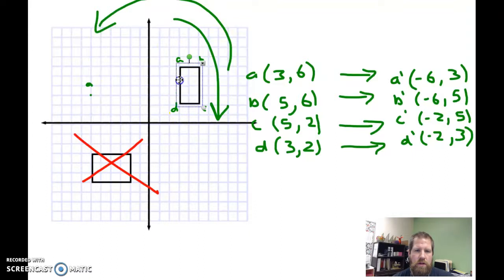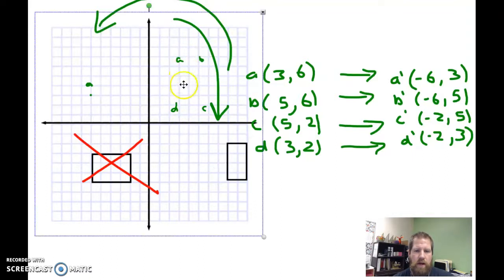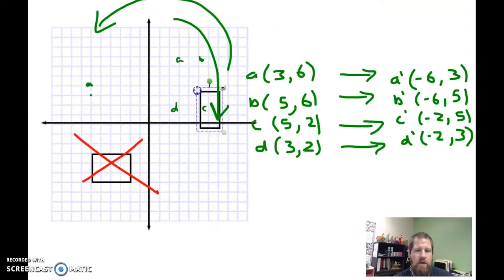That's where you would slide your shape vertically and horizontally. In that case, you're going to be looking for an increase or decrease of all of your X values to be the same, and your Y values to be the same.